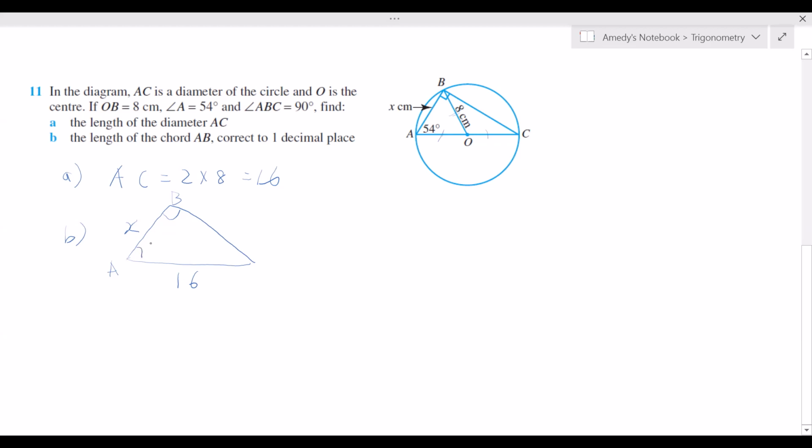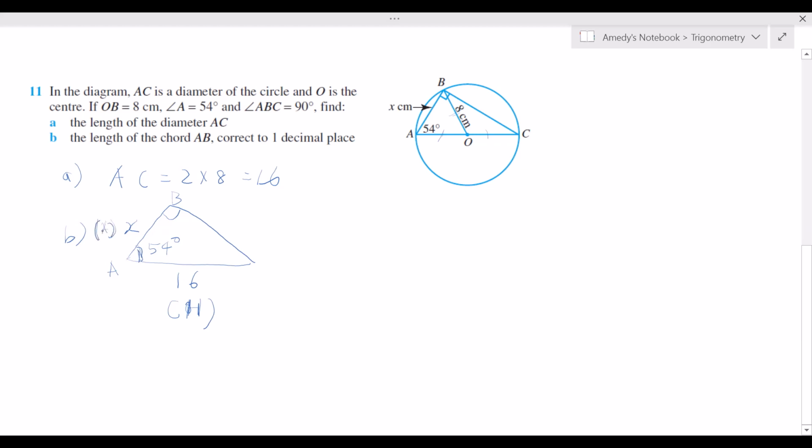And 54, it's here. Let's label the names of the sides. This 16 is opposite the 90 degrees, so it's the longest. So it's hypotenuse. And X is immediately next to the angle 54. So it is adjacent.